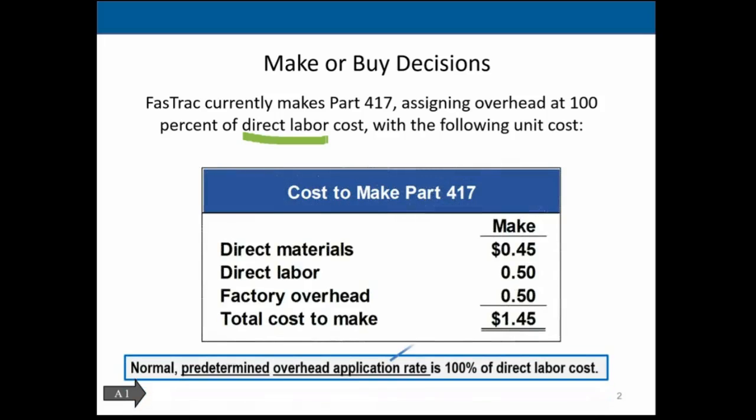So if we look at the calculation then, the per unit cost to make Part 417, we would have direct materials of 45 cents, direct labor of 50 cents, and then we applied the overhead at a rate of 100% of direct labor, at 50 cents. Remember that that application is arbitrary in nature. We applied it, meaning that part of that overhead may be fixed in nature. If it were, then we should take it out because it should not be part of our incremental decision making.